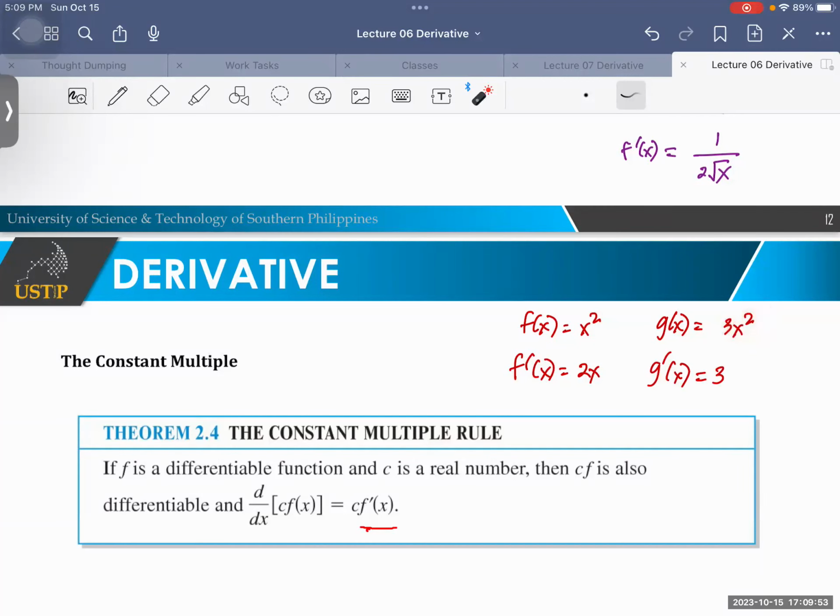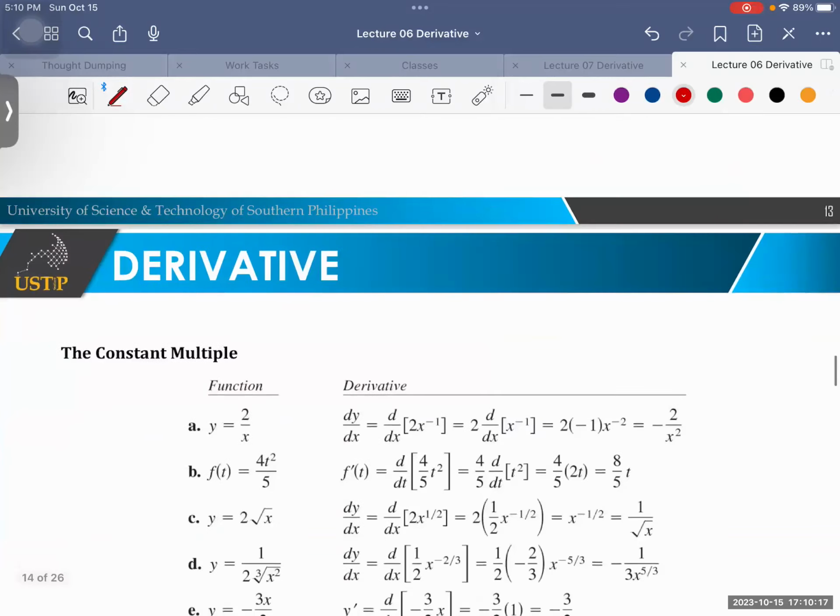Okay? So, ang derivative ana is katong kaganina no nga 2x. So, just multiply it and you will get 6x. So, ana lang kasimple ang constant multiple rule. Basta constant number ang gimultiply nimo sa function, pwede ra mo siya ipakilid. Later, i-multiply mo siya after getting the derivative of that function. So, ana lang. Sige, let's move on to the example.